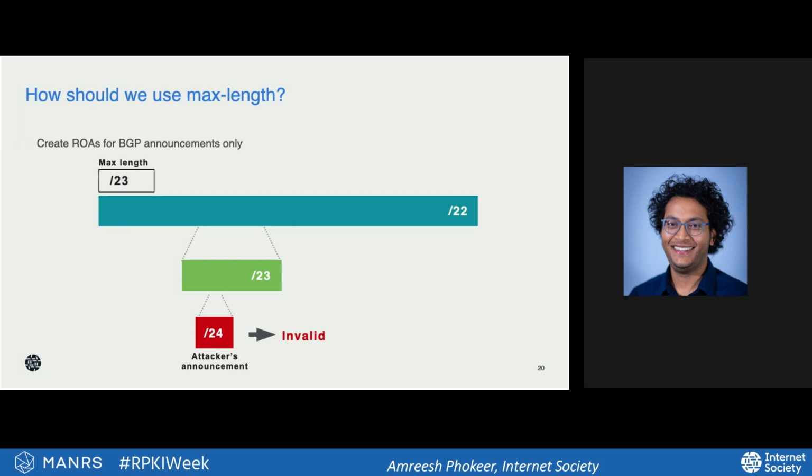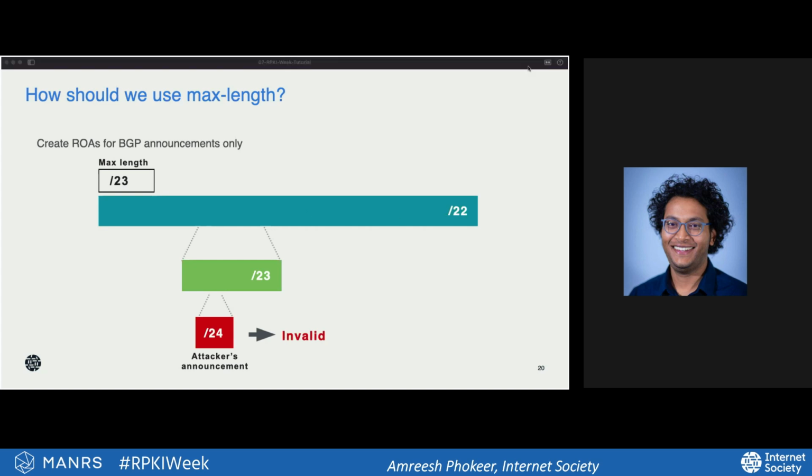But it also depends on the ISP, the type of router they're using, so the default settings that they have. And on top of that, you also have the cache validator, which also has a refresh time. So it can take up to 1 hour in some cases for the change to appear in BGP.